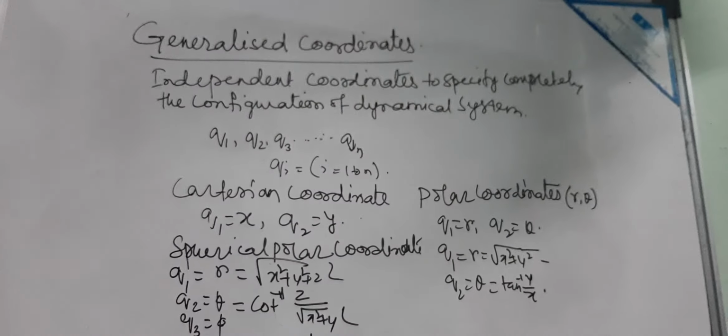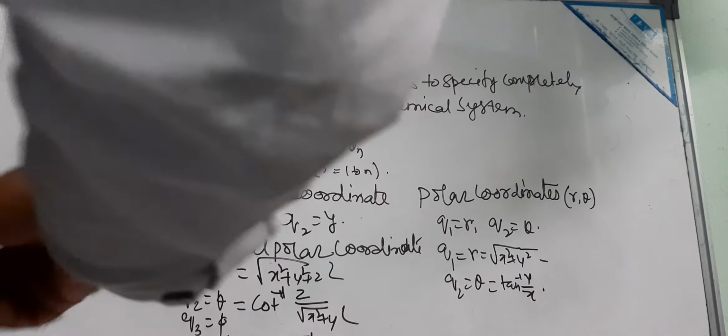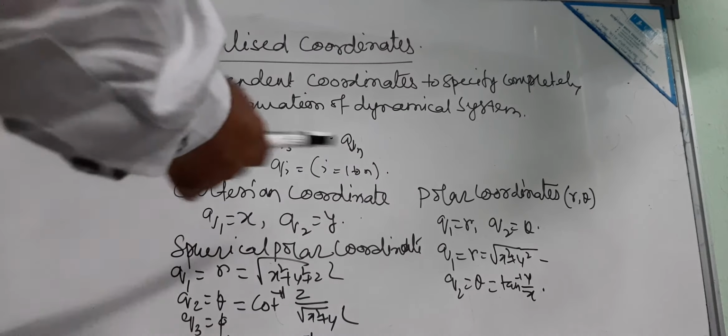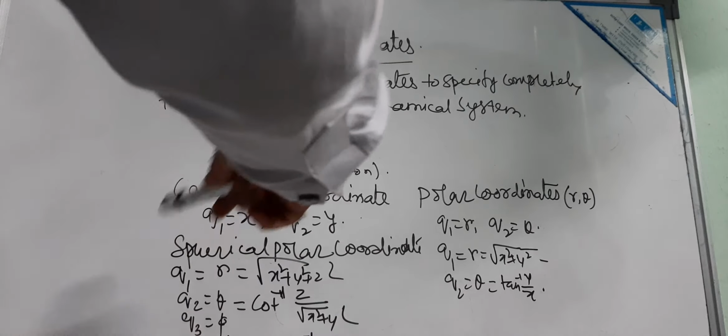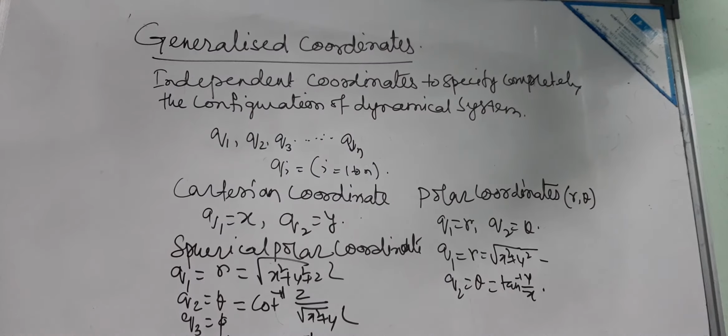So this is how the generalized coordinates q1, q2, up to qn, the independent coordinates required to specify the configuration of the dynamical system, are correlated with the Cartesian, polar and spherical polar coordinates.